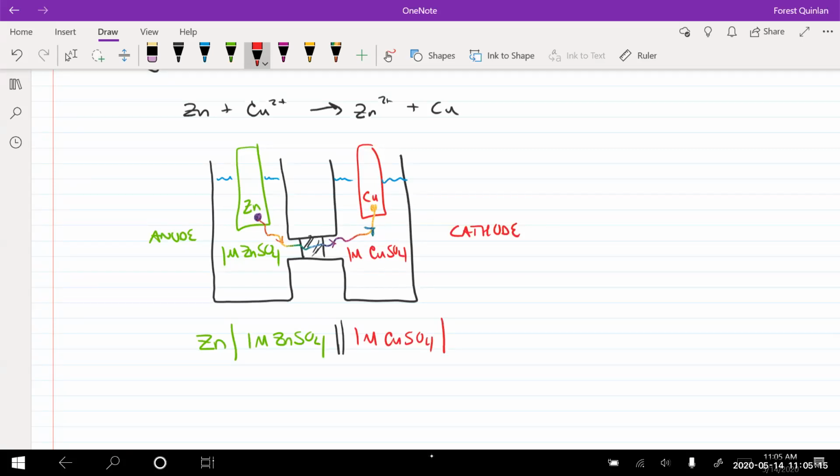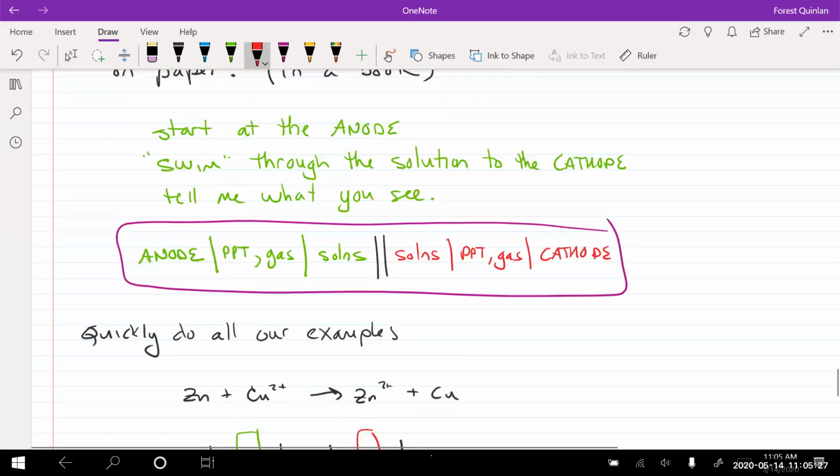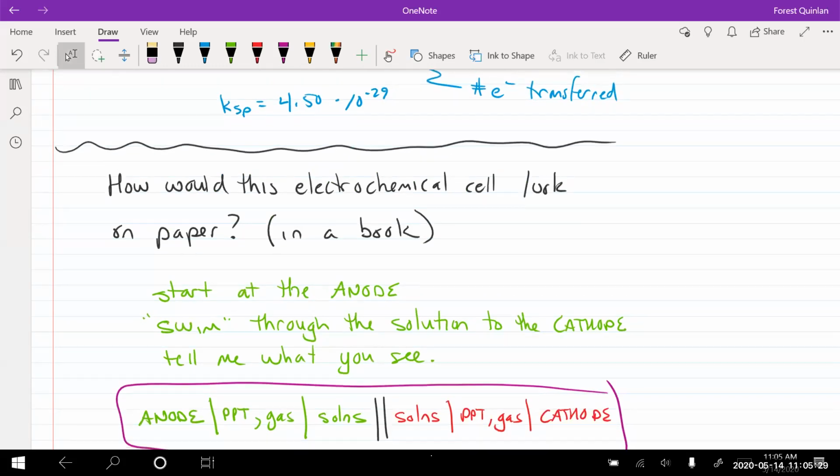And no solids or anything, so we just go to the electrode. This is what is called the cell diagram.